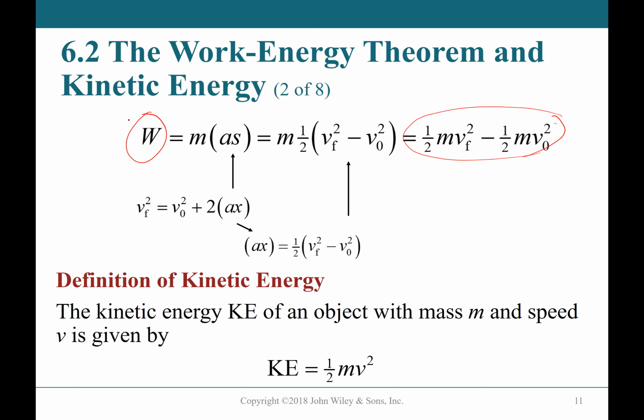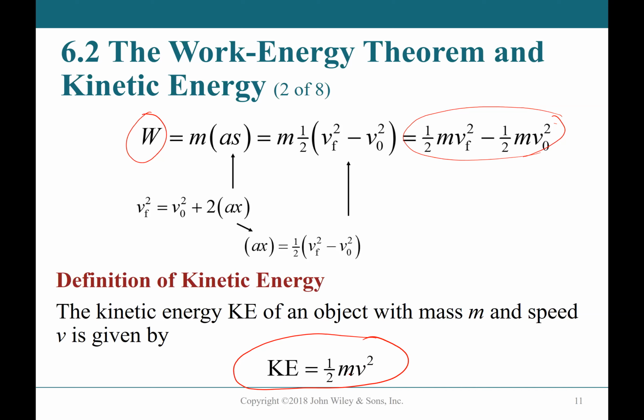Now, before I continue with the work energy theorem, I want to explain the definition of kinetic energy. The kinetic energy, for which we use the symbol uppercase K E, of an object with mass m and speed v is given here. This is the energy that an object has when it is in motion. An object of mass m is moving, and this is called the kinetic energy of the object.